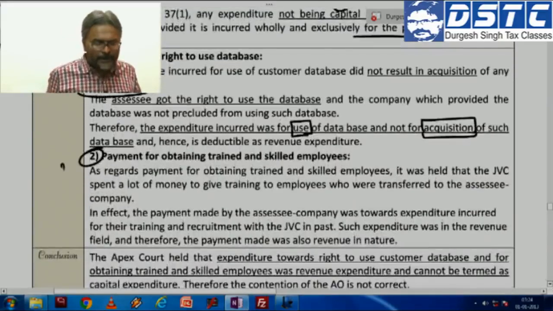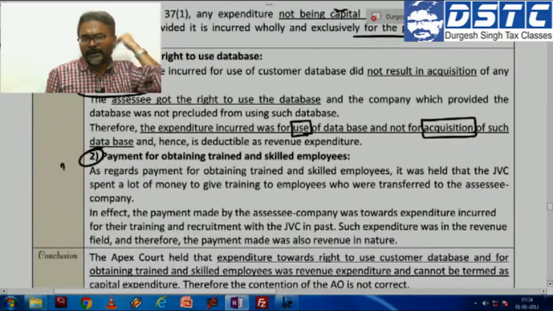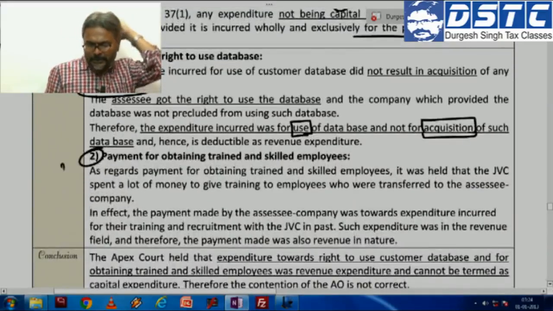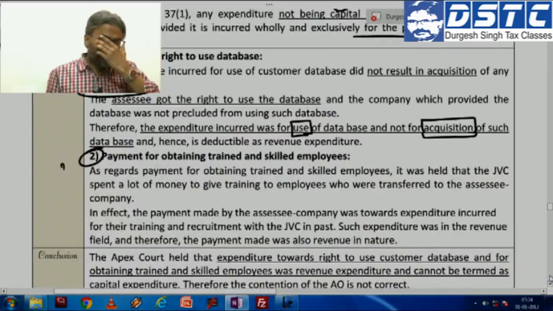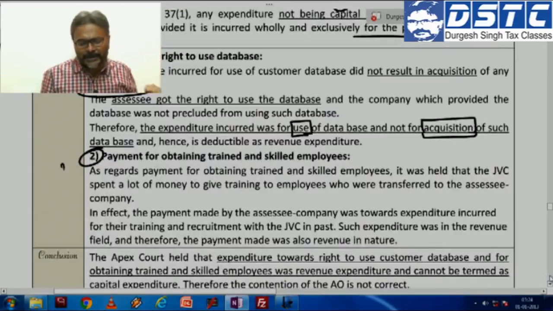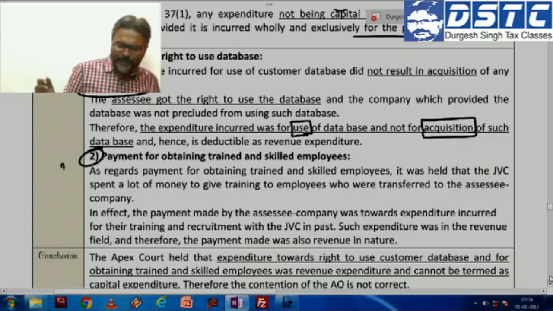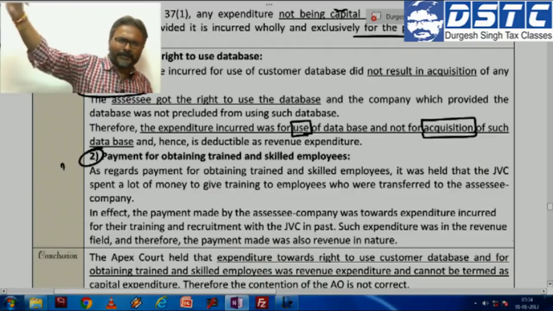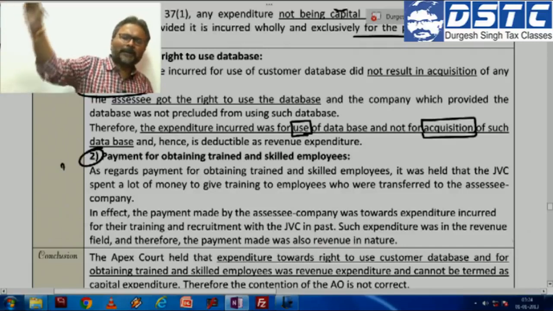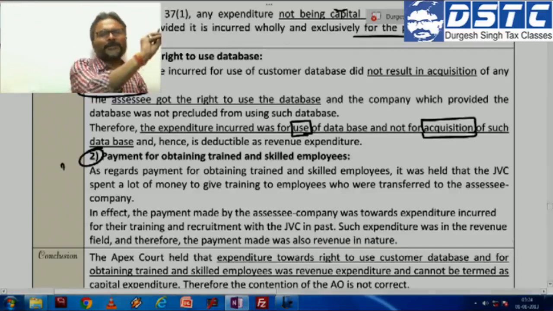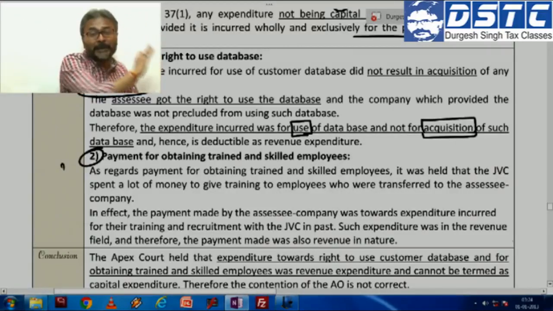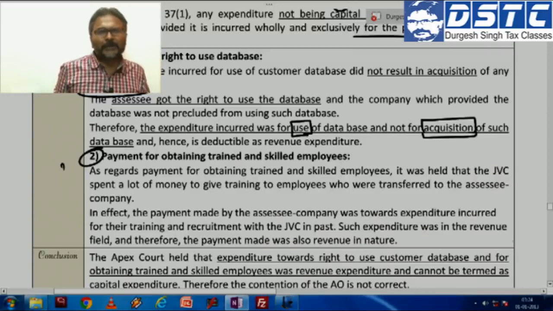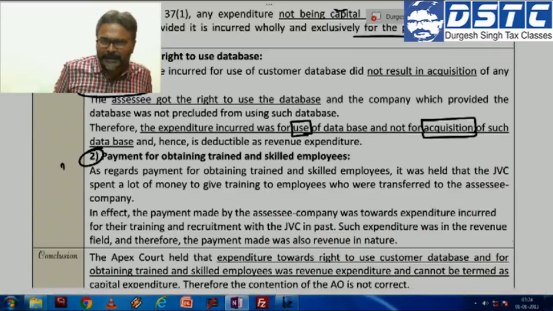And so far as the second point is concerned, payment for obtaining trained and skilled employees. So here the payment has been made towards trained and skilled employees. In this regard, with the foreign JV partner, I wanted to take some skilled employees on my payroll for my own company work. So I've given a lump sum amount to that foreign company.